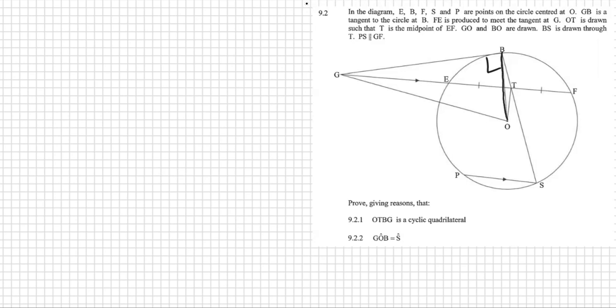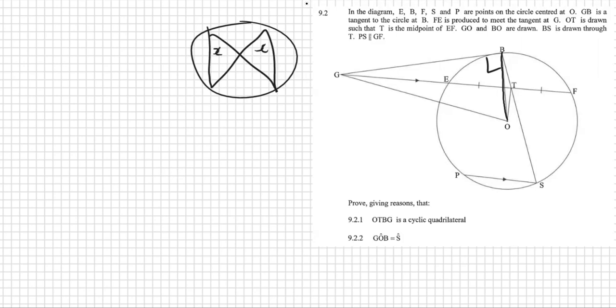Okay. So when I look at this, I think to myself, well, it's probably not going to be, it might be the butterfly one, the one with the 2 angles equaling each other. It might be this one, or it might be an exterior angle. So far it could be any of them.